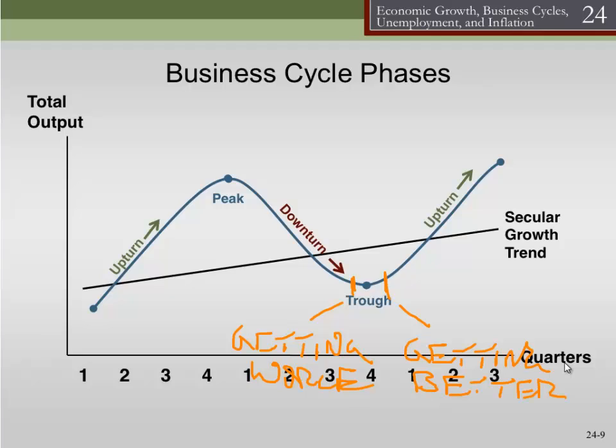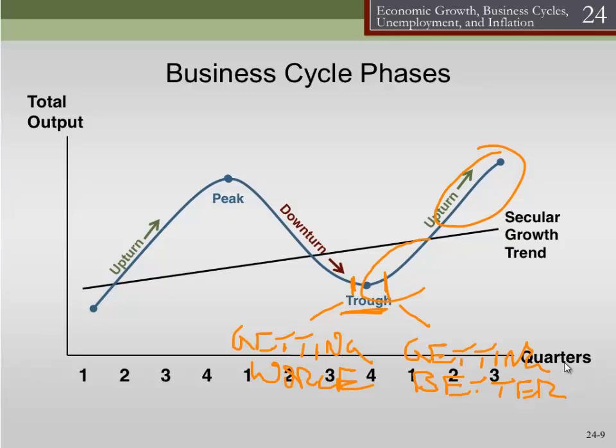There's a lot of confusion over when we end a recession, what's the trough of the business cycle? Oftentimes people will say, well, the recession is over. It's over? Wait a minute. Unemployment's still at 8.2%. How can you tell me the recession is over when I have unemployment so high? Well, because just because the recession ends and we've entered the recovery phase doesn't mean we've hit the expansion phase.